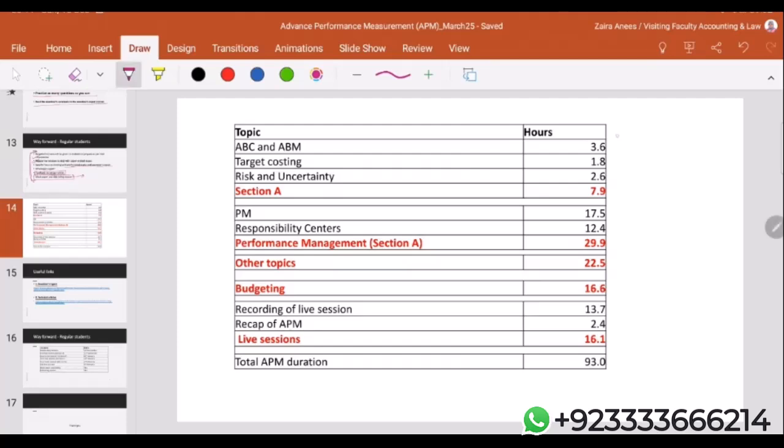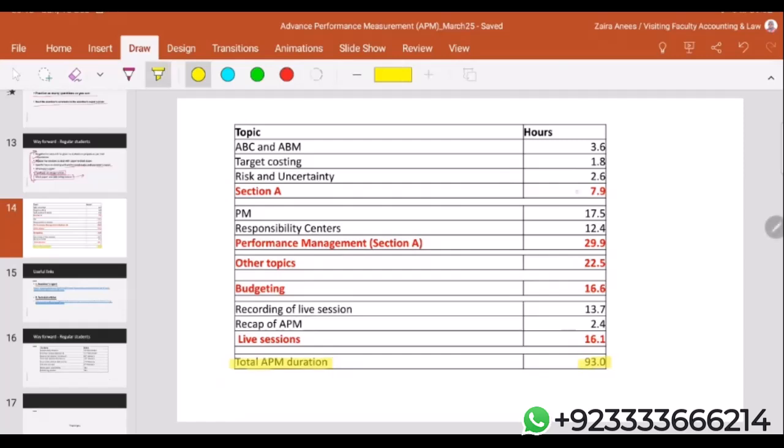This is basically the point, the lectures which will be part of the APM paper, right? The total APM duration is 93 hours. I am around 100 hours, because if you consider the live sessions, it's almost 100 hours, right?